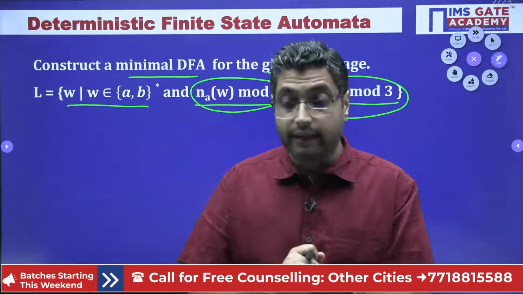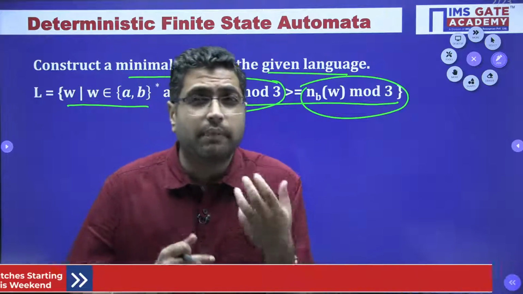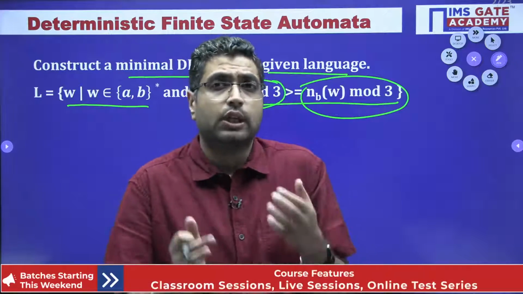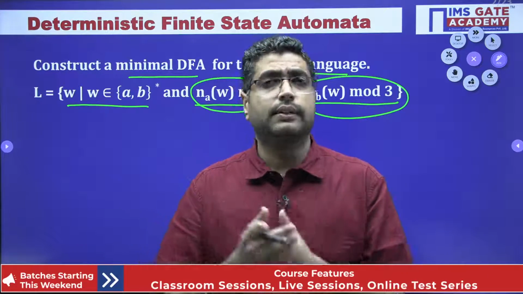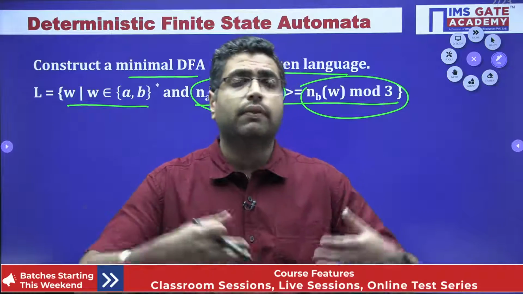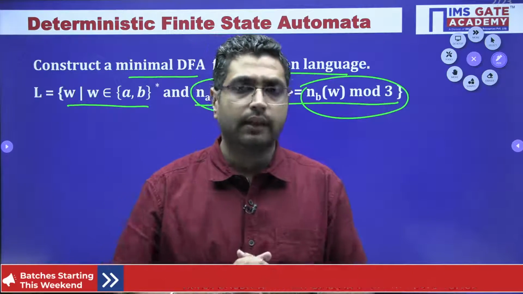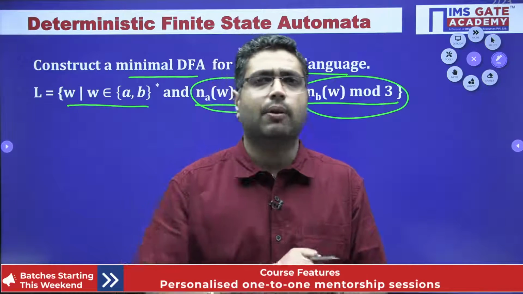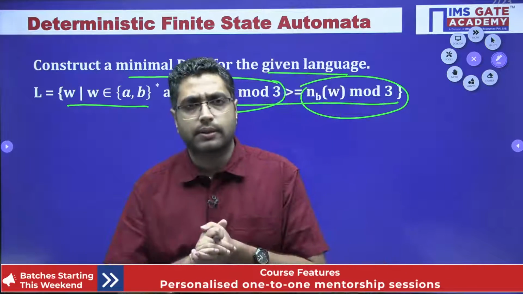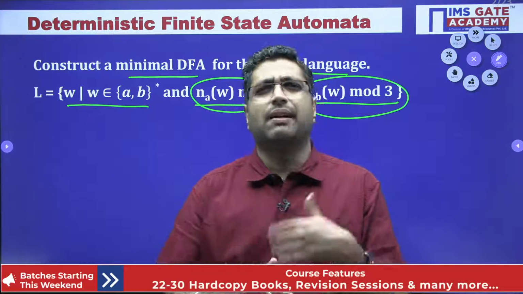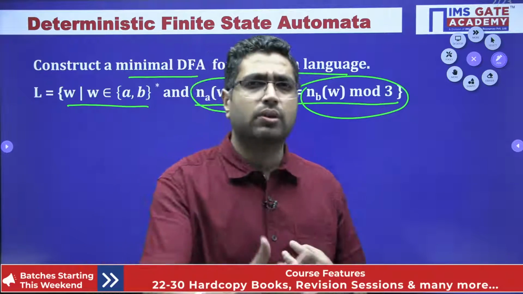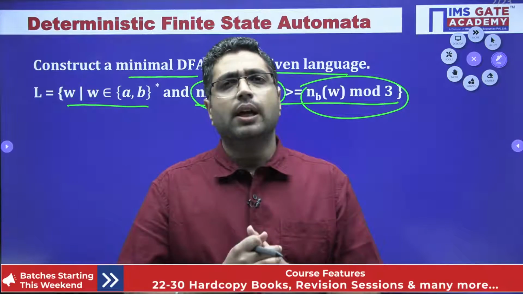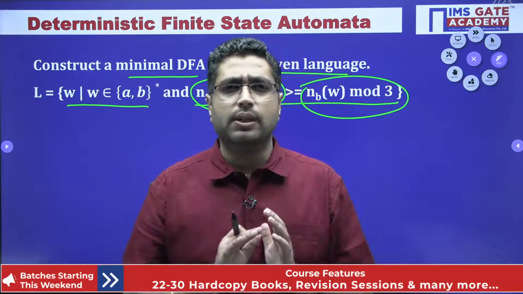Now somebody can ask, does the web DFA approach also work for three symbols? For example, if there is a condition on the number of C's also, does it work there? Yes. In that case, the web DFA will be 3-dimensional, and you can still use the same concept to solve such questions. But it's tough to imagine a 3-dimensional or 4-dimensional web when we have 4 variables, so in general such questions don't come in the exam.